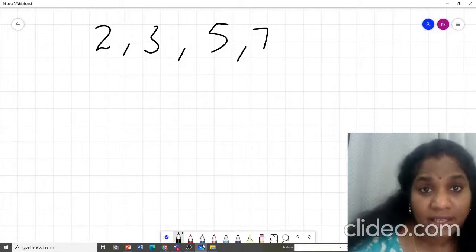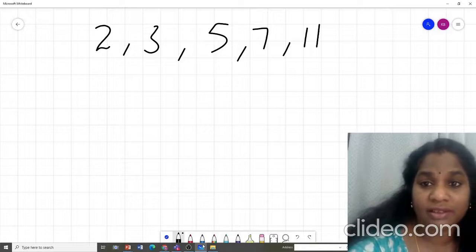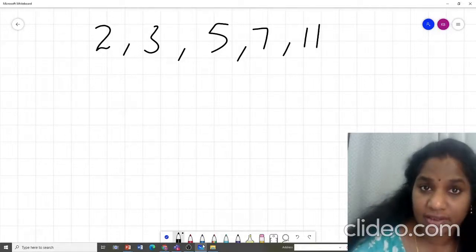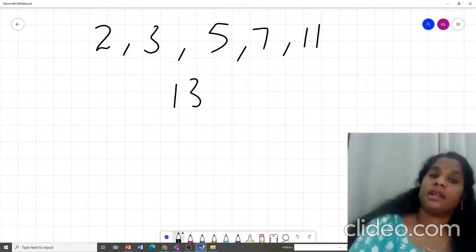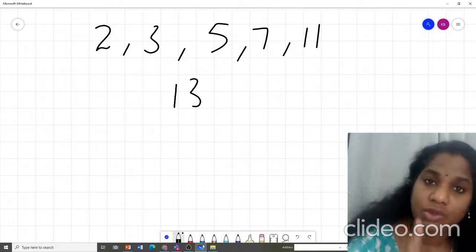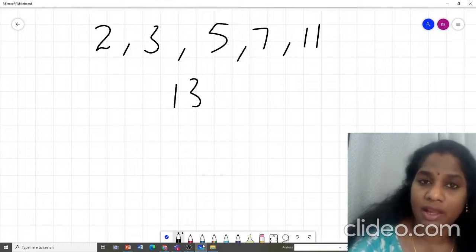Does it come any other table other than 1 and 11? No. So 11, then 13. Like that you have to think the number which has got only two factors, the number itself and number 1, is called as a prime number.